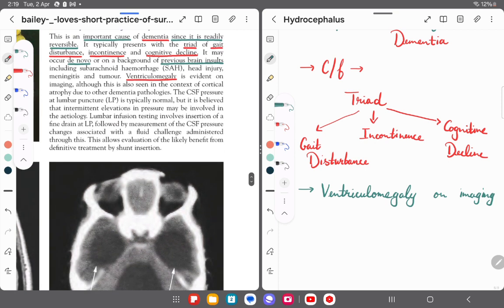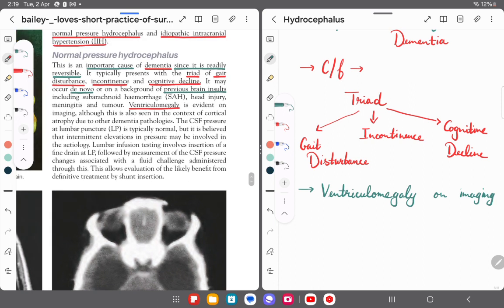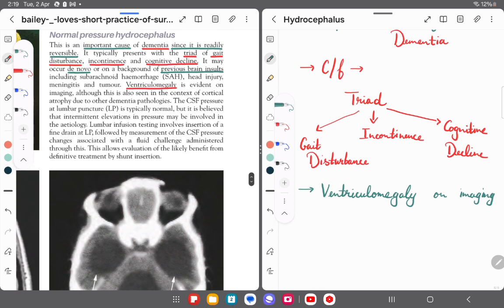CSF pressure at lumbar puncture is typically normal, hence the name normal pressure hydrocephalus, but it is believed that intermittent elevations in pressure may be involved in the etiology.